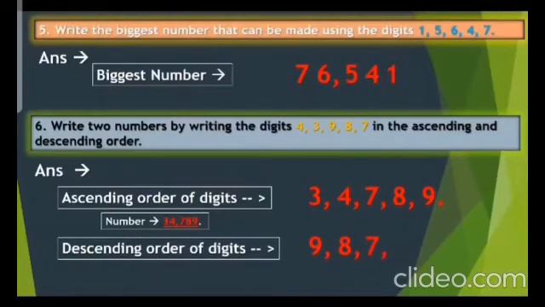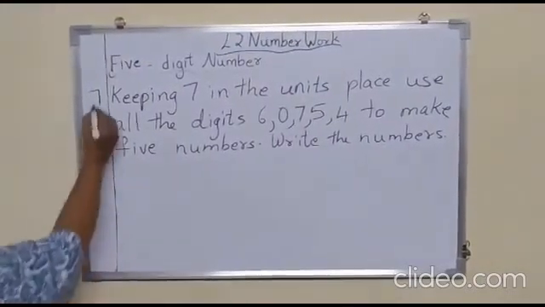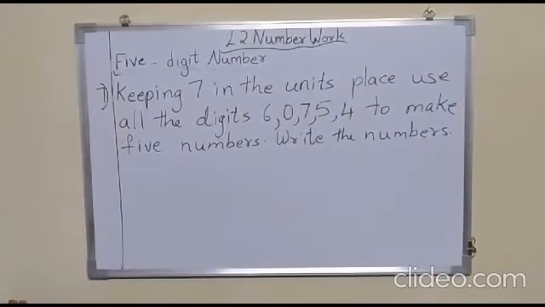After 7, 4. Very good, children. And after 4, the last number will be 3. Children, this also you have to write down in your math notebook. The number will be 98,743.